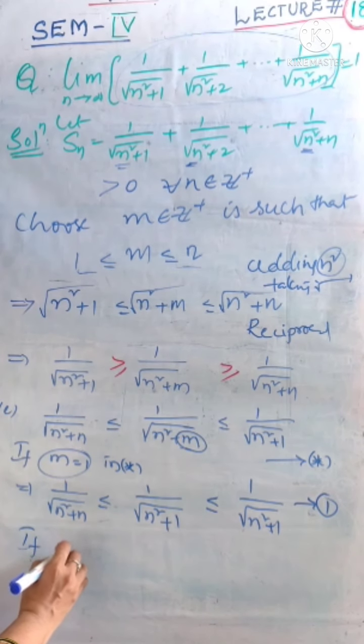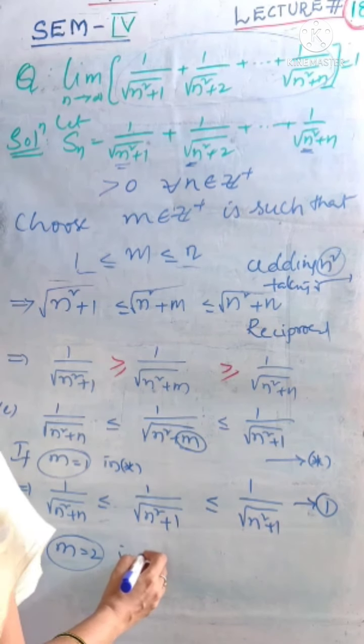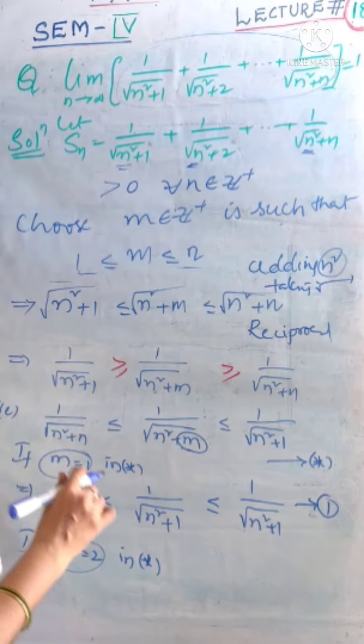If the value of m is equal to 2, what happens? Again we get another inequality.